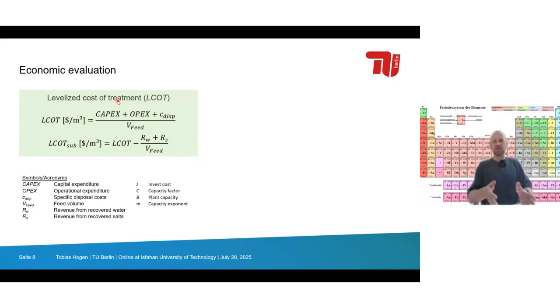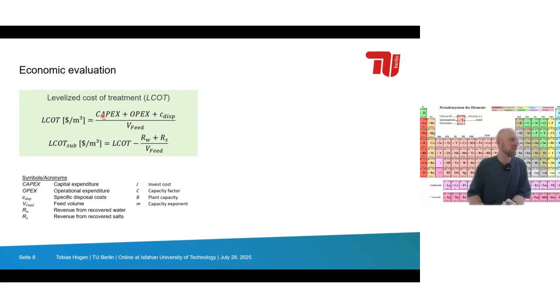You can imagine a brine treatment process has different functions. On the one hand, it can reduce the brine. On the other hand, it can produce water. And if you also consider salt recovery, it can also produce salts. So to consider all this, I thought the best way is to normalize this all to the feed flow and call this levelized cost of treatment.